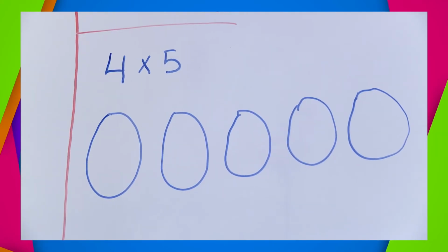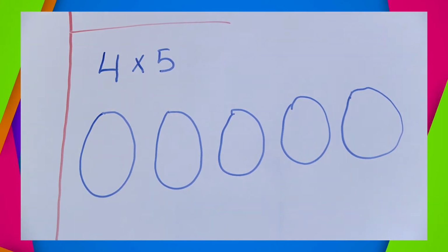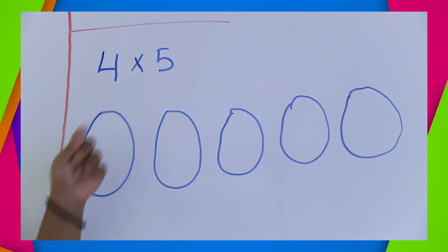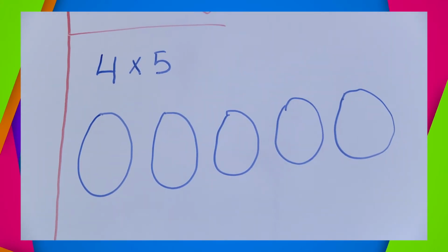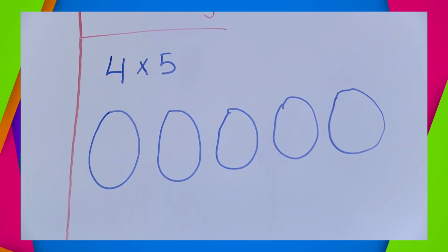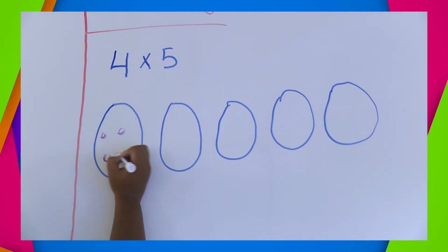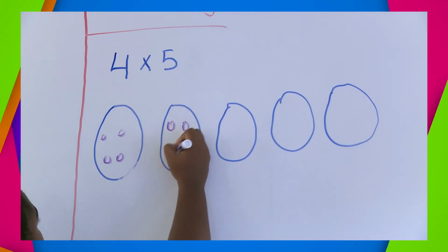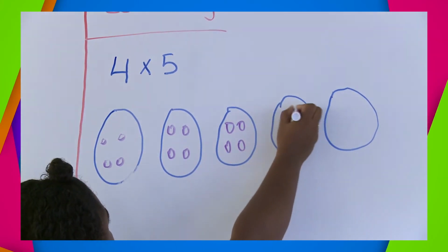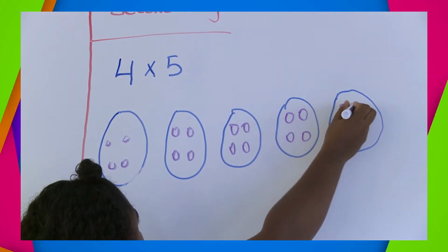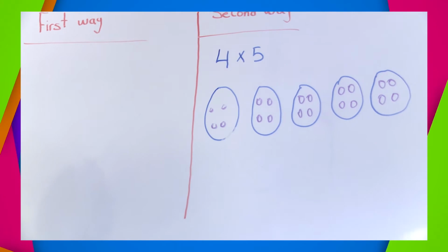You have it? Awesome. Now, how many objects do we need to have in each set? 4. That's correct. So you choose whatever shape you want and make sure you put 4 of that shape in each set. Are you finished?